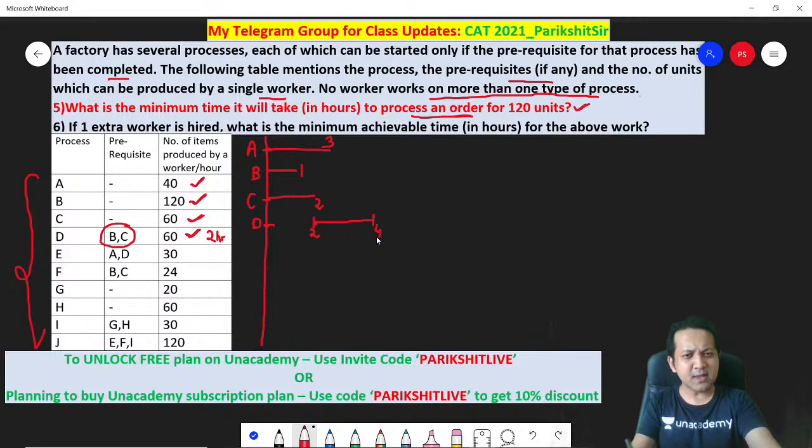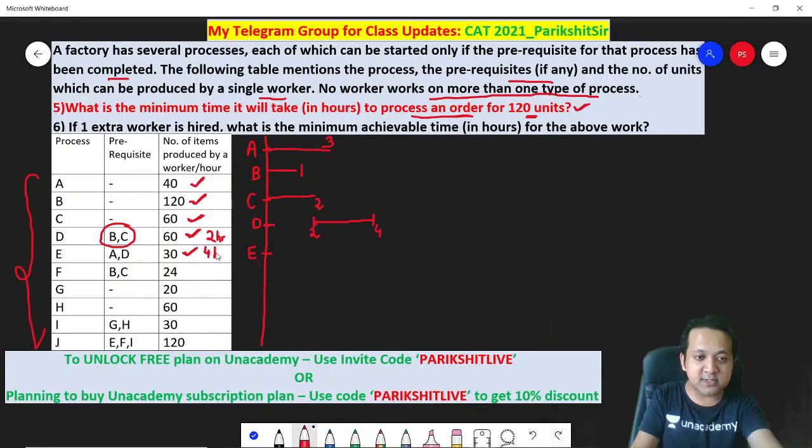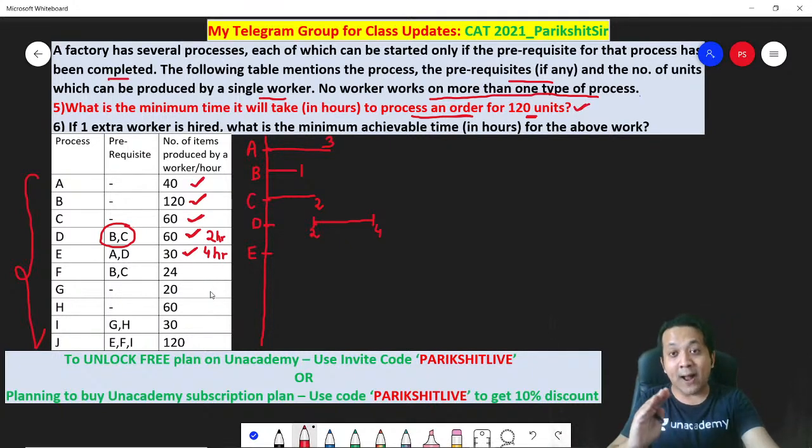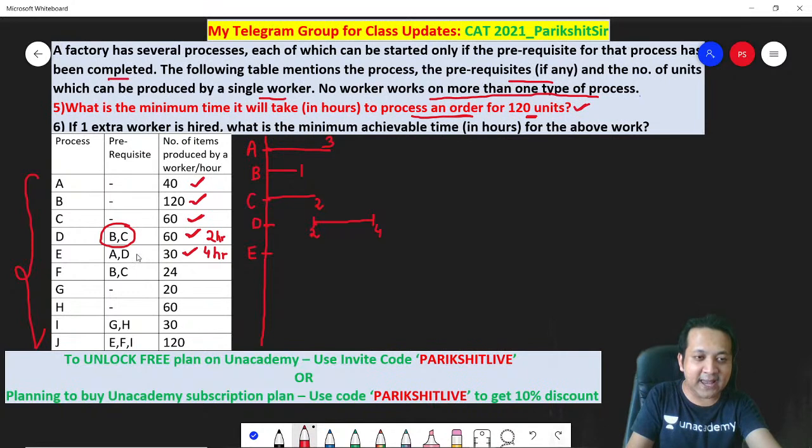Fine? Similarly, let's look at E. 30 items of E can be produced per hour. We need to produce 120 units. So 120 by 30, basically we will take 4 hours to produce 120 units of E. But the problem is E can only start once A and D are completed.